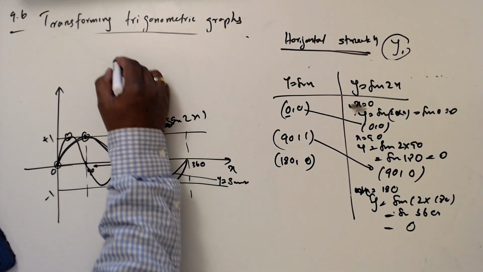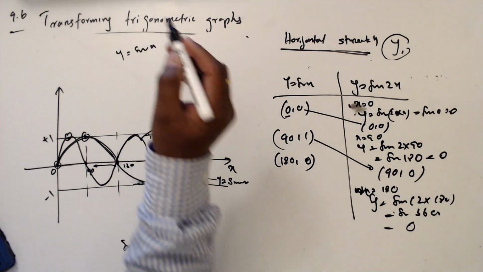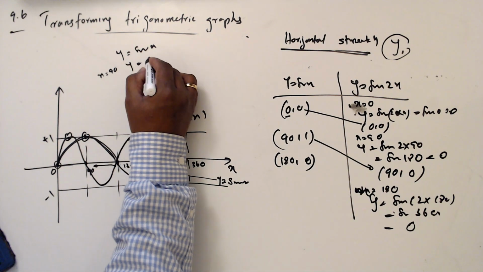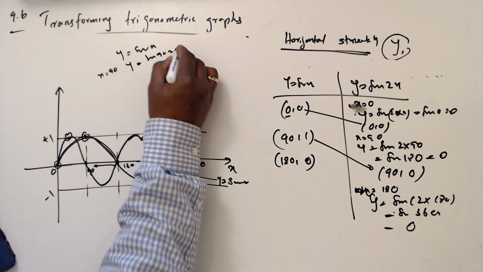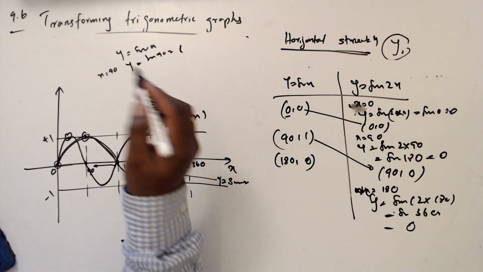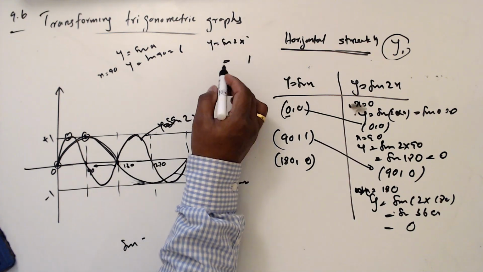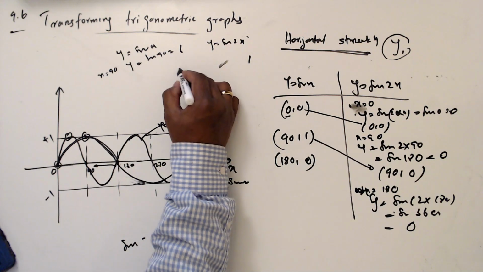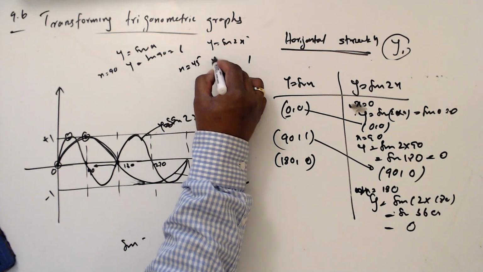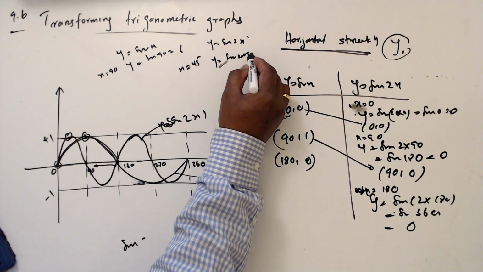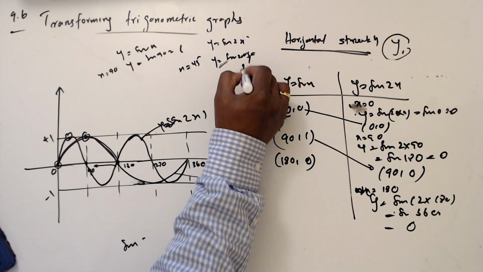This is y equals sine x. When x equals 90, y is sine 90, equal to 1. In the y equals sine 2x graph, to get 1, when you put x equals 45, y equals sine 2 times 45, which is sine 90, which is 1.